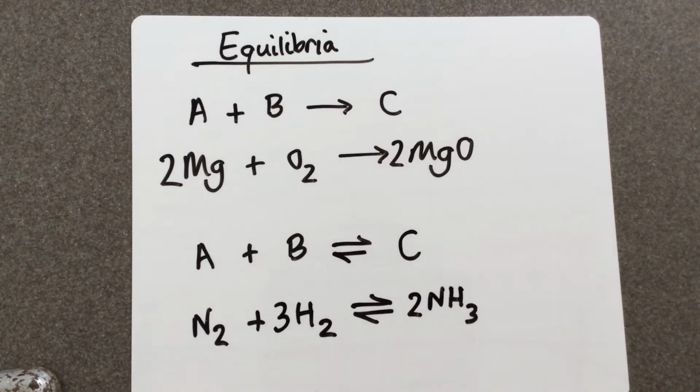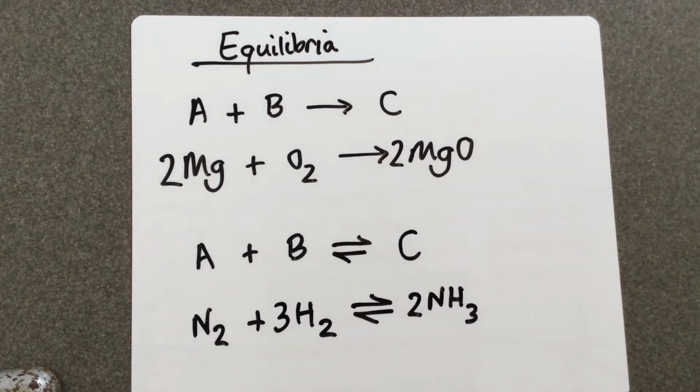Now clearly, when we first start this reaction, our concentration of reactants is going to be much greater than the concentration of products, which at the beginning will be 0. So the rate of the forward reaction will be a lot faster than the rate of the reverse reaction.